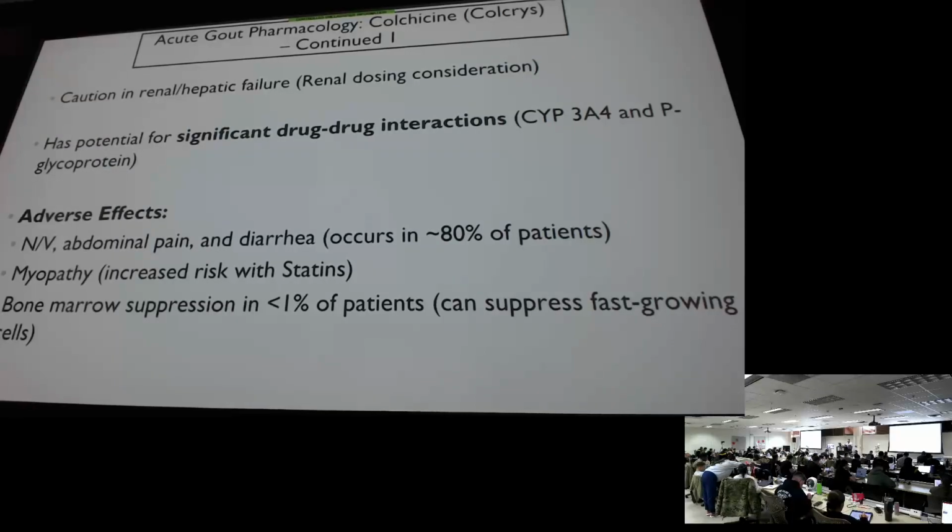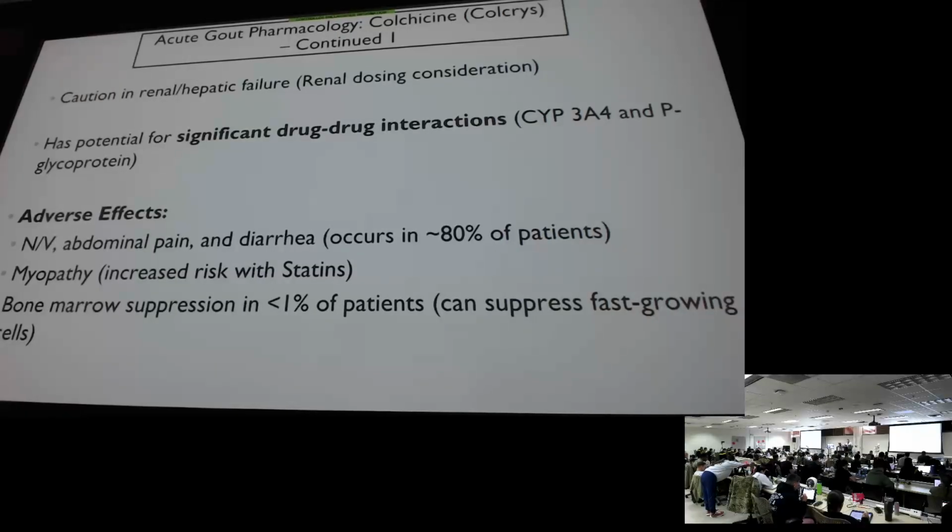Colchicine, caution in renal and liver issues, so you have renal dosing considerations. It has significant drug-drug interactions with CYP3A4 and P-glycoprotein. You've been tested on it, so I'm not going to test you on it. You should know what those are by now, but as a reminder, macrolide antibiotics are a big player, the azole antifungals, and statins are a big one there.